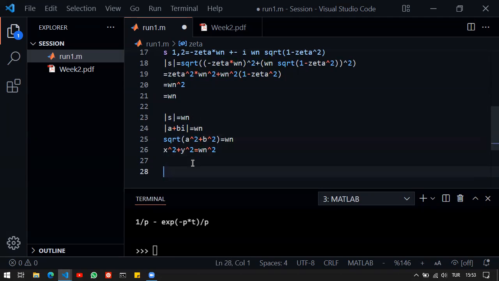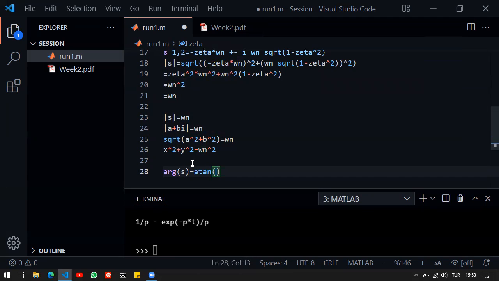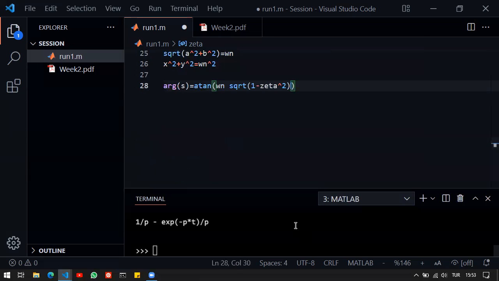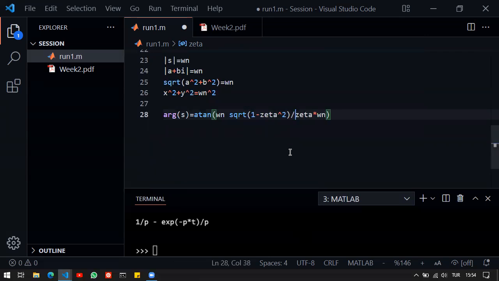What we can also do or look at is the argument of s, which is basically the inverse tangent, the a-tan of the imaginary part divided by the real part. This is the imaginary part, and we divide it into the real part here. There we go.